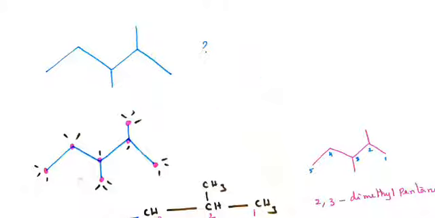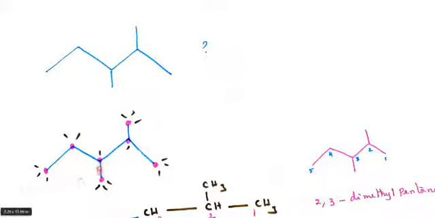When you choose this carbon, it is linked with 1 bond, so 4 minus 1 bond, 3 hydrogen. Then for this carbon, 2 bonds are linked, 4 minus 2, 2 hydrogen. Then this carbon is linked with 3 bonds, 1, 2 and 3 bonds, so 4 minus 3, only 1 hydrogen.